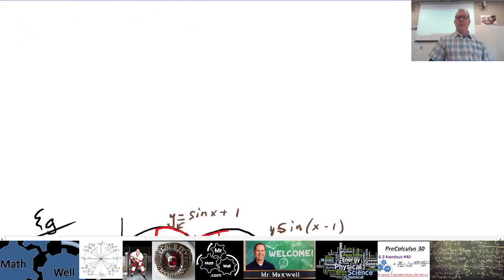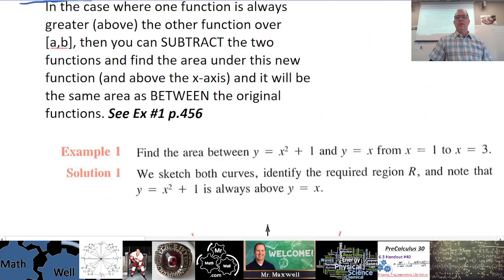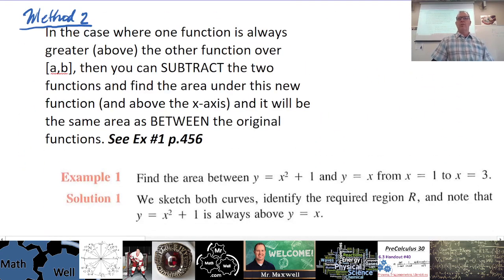Method 2 exists to simplify things a bit for you, but you can only use this method 2 when one function is always on top of the other function over the interval with which you want to find the area between curves. So again, we're still finding area between curves, but one function has to be the upper function the whole time. Then you can use method 2.